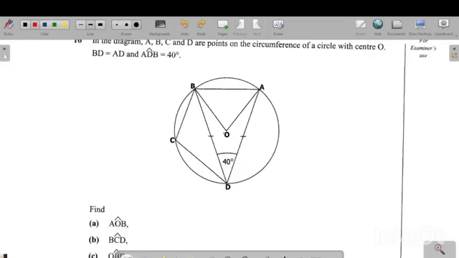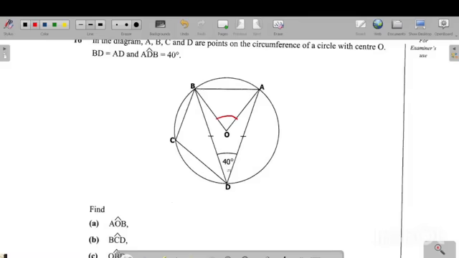Now the first question says find angle AOB. So angle AOB is this one here. Now when you look at angle AOB, how are you going to find it? AOB is at the center, and this angle 40 here is on the circumference. For you to find angle AOB, you are going to apply the property that says the angle at the center is twice the angle on the circumference.